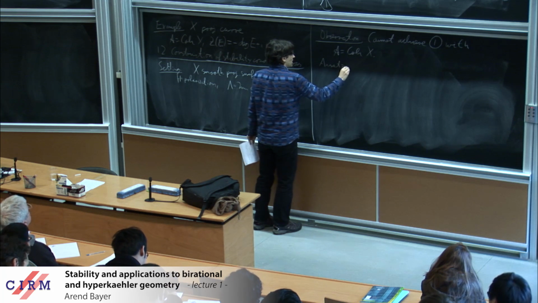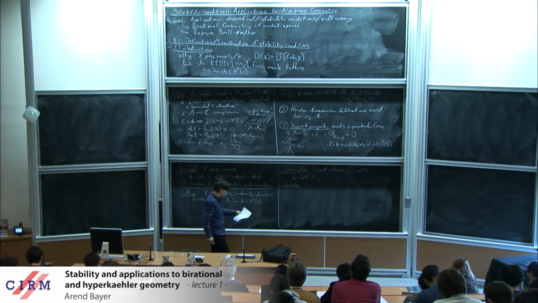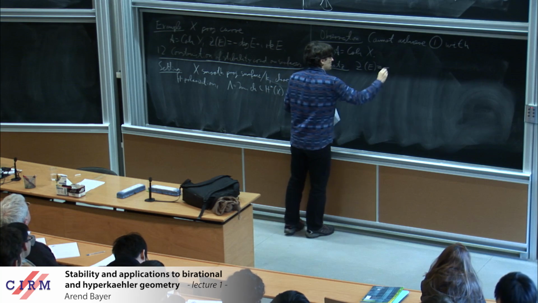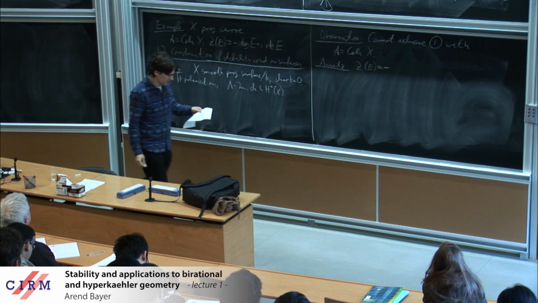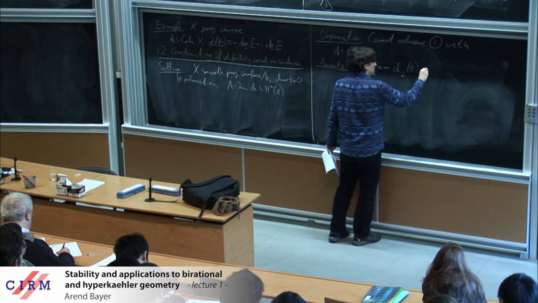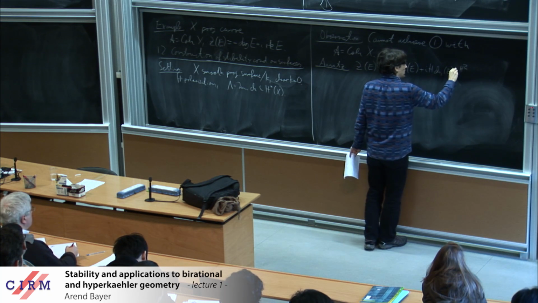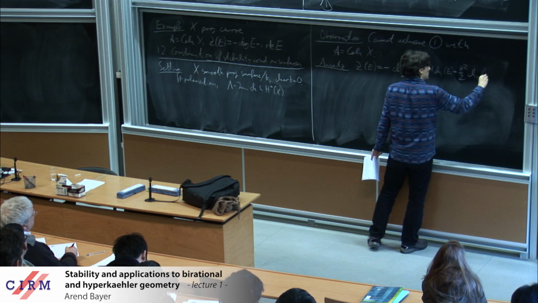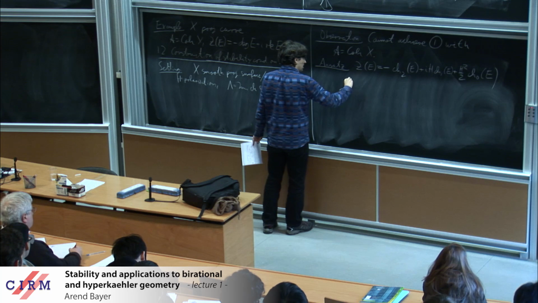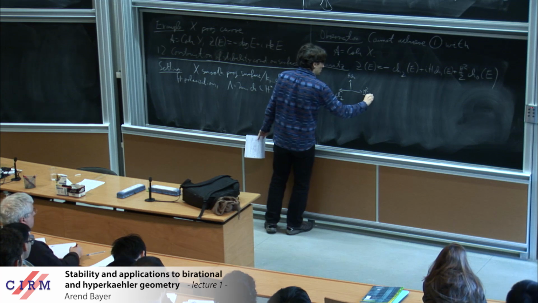And so instead, what one does is the following ansatz. Instead of starting with the category, we start with the central charge, and then try to adjust our category to match the central charge. Right, so I take minus Chern 2 of E plus iH Chern 1 of E plus H squared over 2 Chern 0 of E. Right, so I have Chern 2 in this direction, H Chern 1 in this direction, and H squared over 2 Chern 0 in this direction.